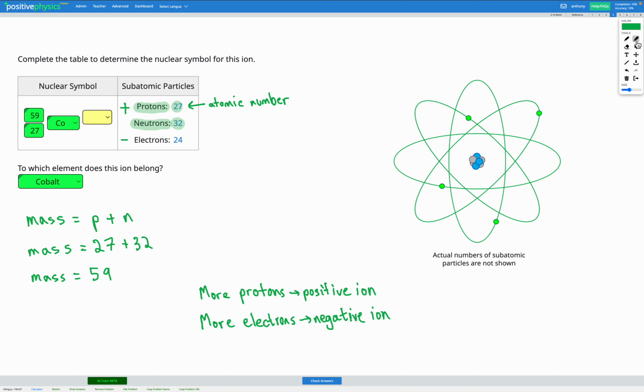So looking at our electrons here, we have 24 electrons and we have 27 protons. So we have 3 more protons than electrons.